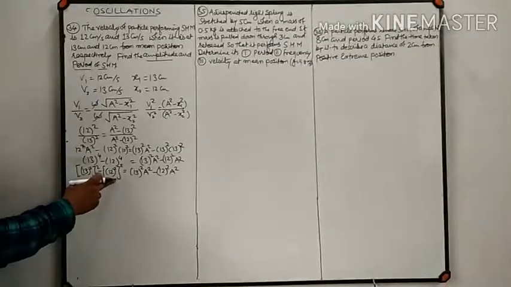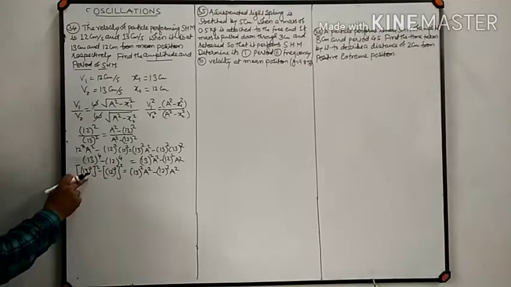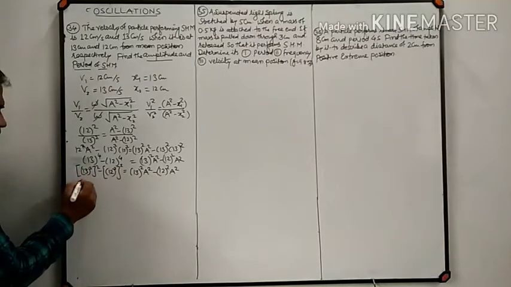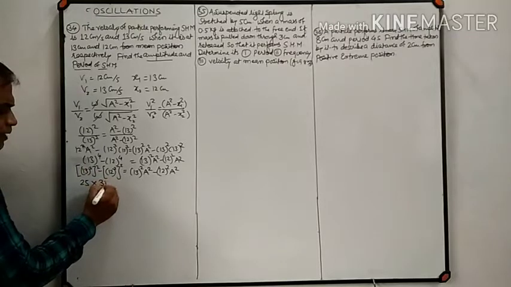Now a square minus b square is (a minus b) into (a plus b). So this is 169 minus 144, which is 25, into 169 plus 144, which is 313.